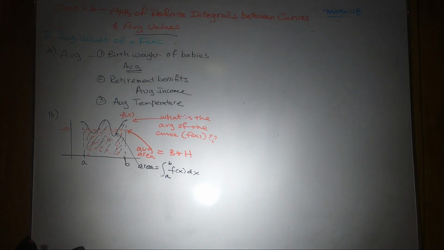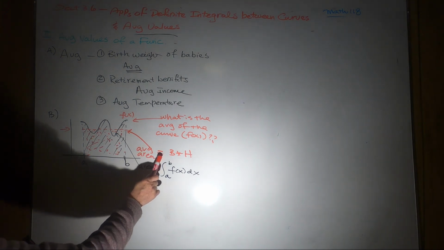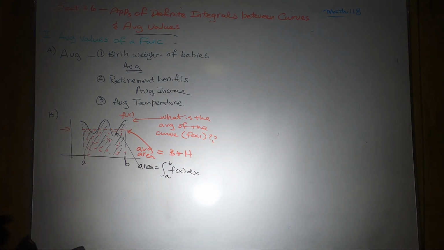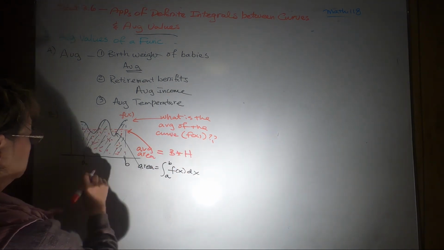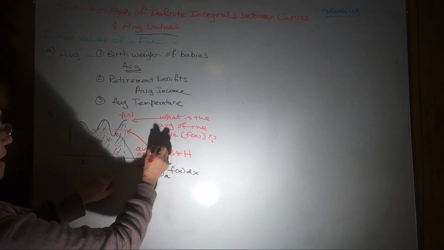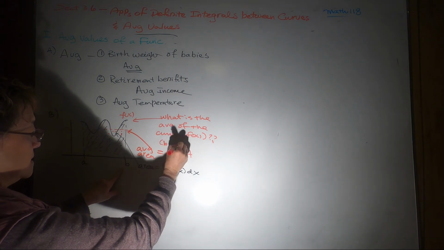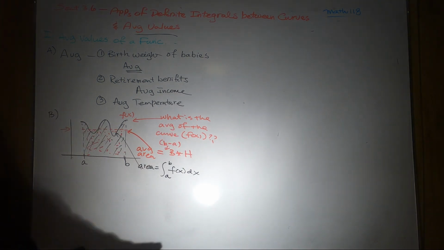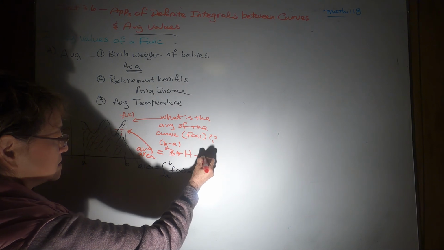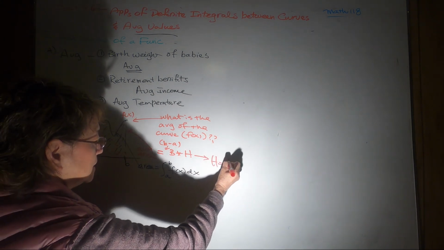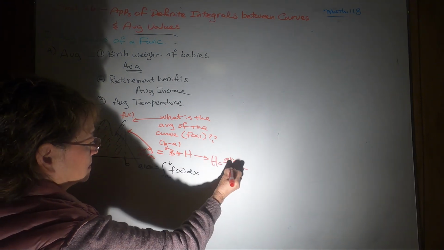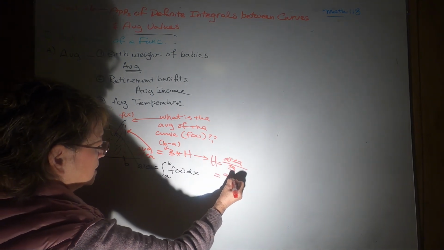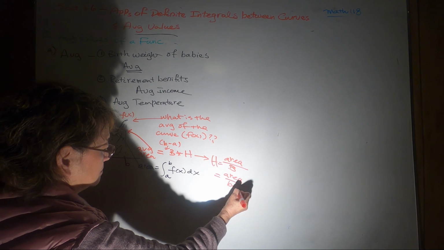So then for average, the area is this one, the base times height, right? So the base is what? Base is from A to B, right? So it's B minus A. So your height would be what? Area divided by base, which is area divided by B minus A.